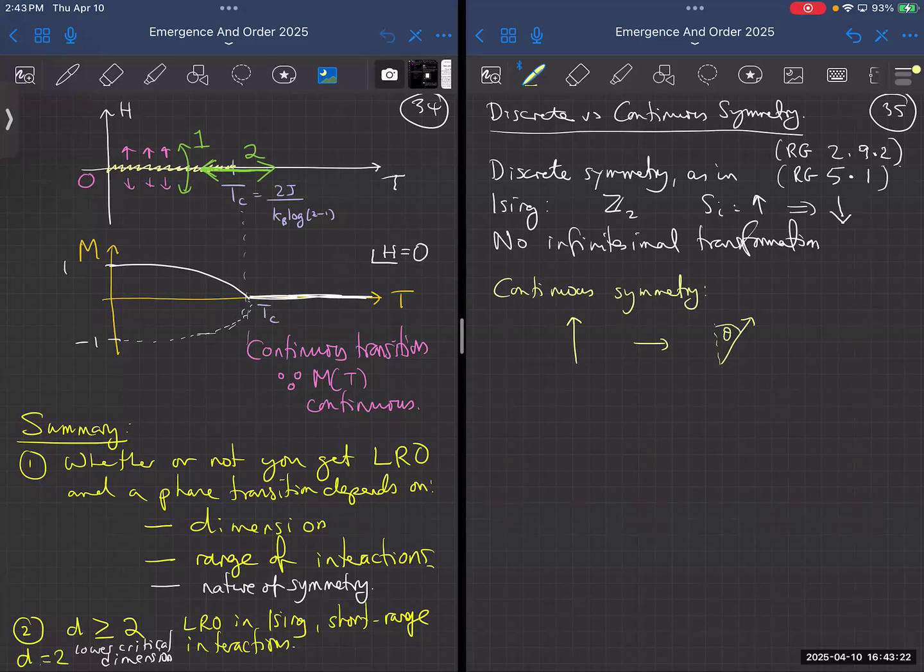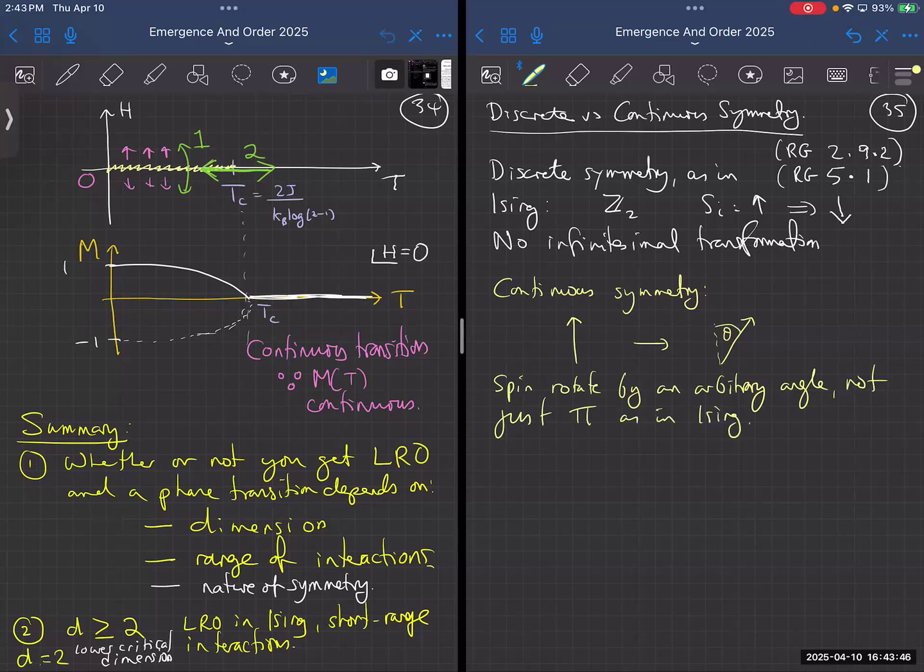So I can basically just make the spin rotate by an arbitrary angle, and not just pi, as in the Ising model.